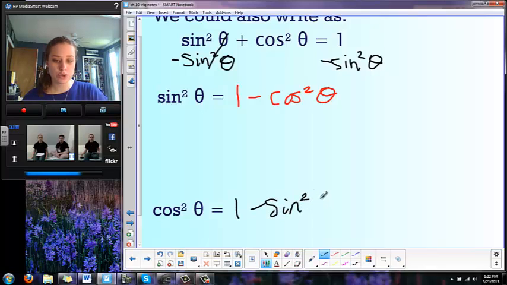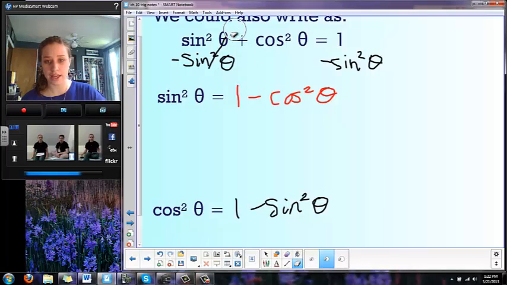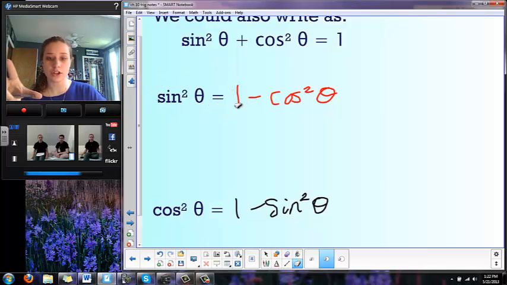Now these two equations that we just figured out, those are actually going to be used more frequently than the first one, the top one. Sometimes you might see sine and cosine written together, but most of the time you're going to have to substitute in. Maybe you see in the equation 1 minus cosine squared theta, and you can take this whole thing and just rewrite it as sine squared theta.